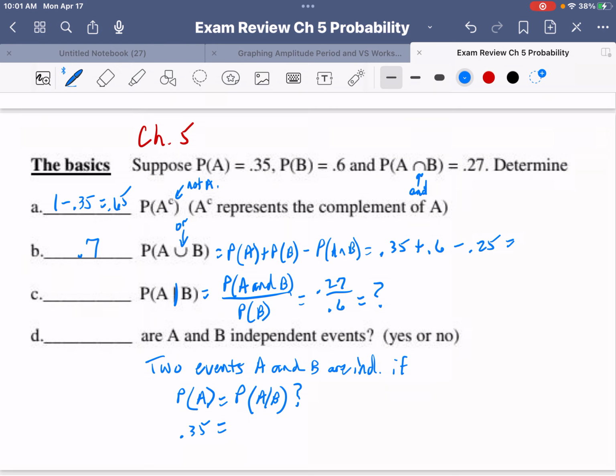Okay, sorry, got to switch to another calculator. 0.27 divided by 0.6 is 0.45. Well, since those are not equal, then the answer is no. If they are equal, say yes.